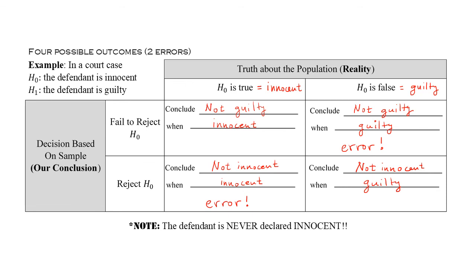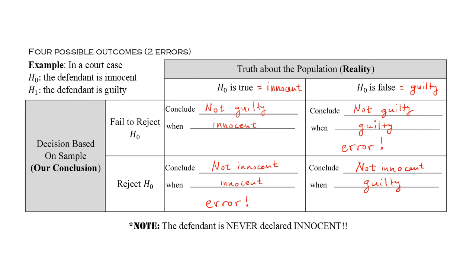Well, I guess it might depend on how you interpret it. So is it worse to declare somebody guilty when in fact they're innocent? Or is it worse to declare somebody not guilty when in fact they are guilty? Well, I might argue that it would be worse in this case to have this type of error, because then you would be sending an innocent person to jail.